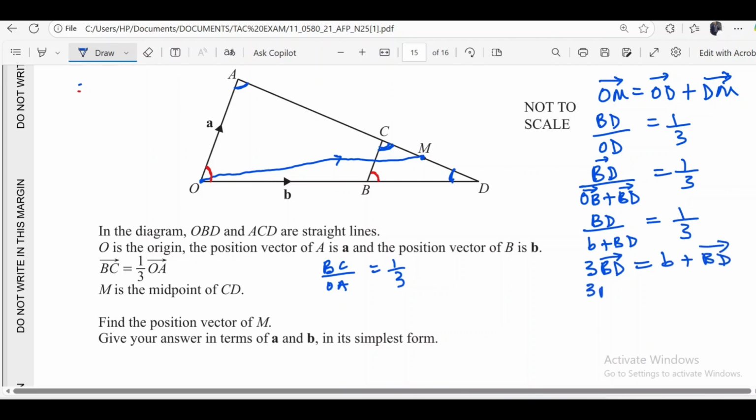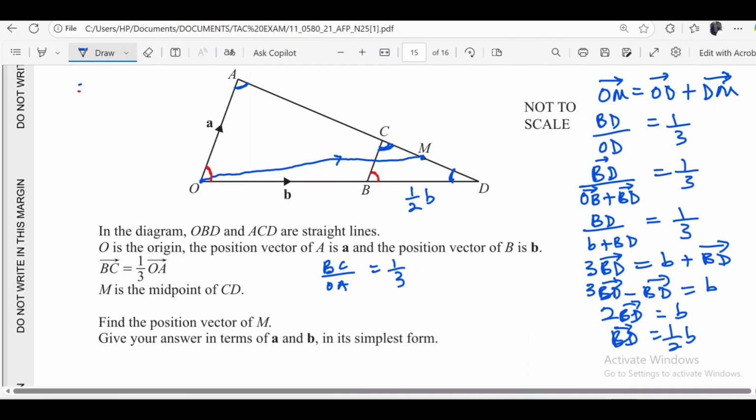So we have 3BD minus BD equals b. So this is 2BD equals b, and then BD is 1 over 2 b. This is 1 over 2, and this is now b. All right. Now I need to get another vector.